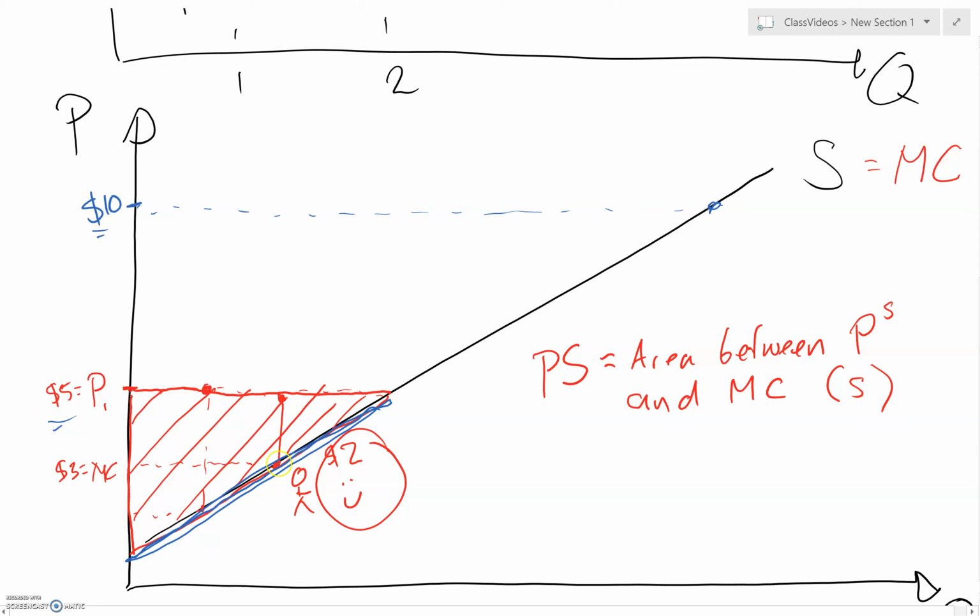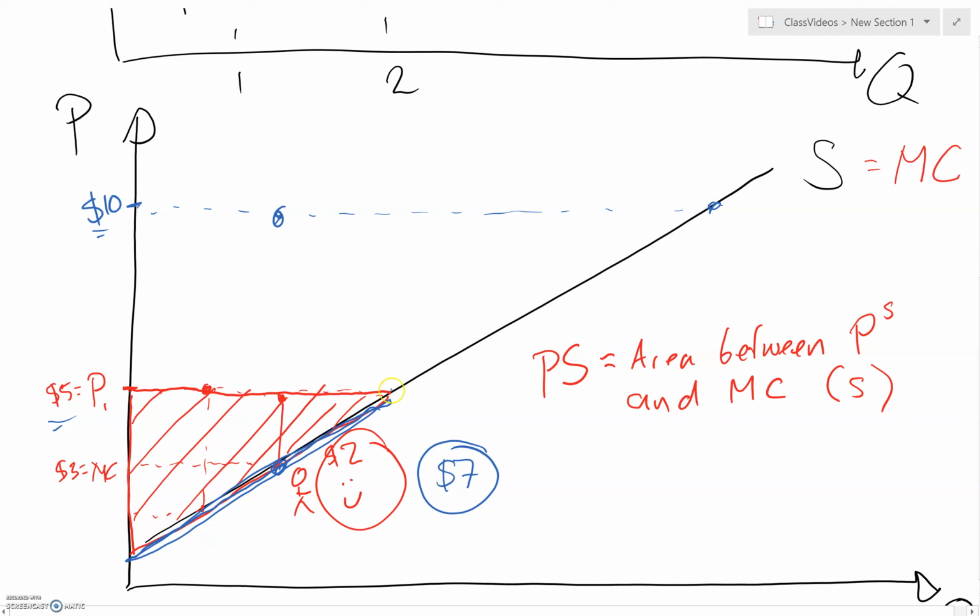It's just that this seller on the supply curve here still has a marginal cost of $3, but now they get to sell their item for $10. So now they are $7 better off instead of $2. Prices have gone up, my costs have remained the same, that's made me happier.